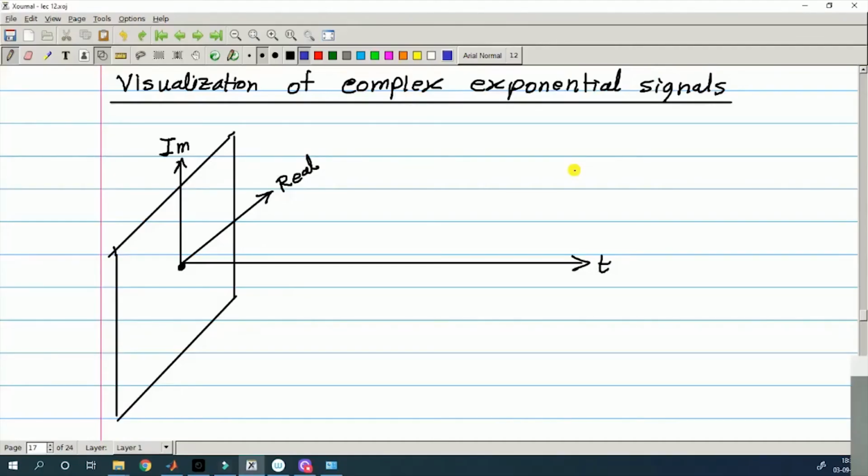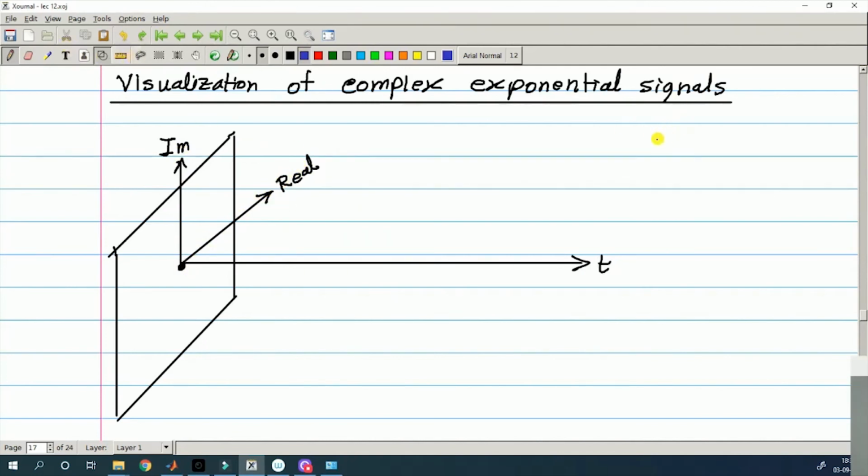Now let us try to visualize complex exponential signals in a three-dimensional space. Imagine this horizontal line is the time axis and the plane perpendicular to it is the complex Argand plane. Vertical axis is imaginary axis and the axis perpendicular to the screen is real axis.